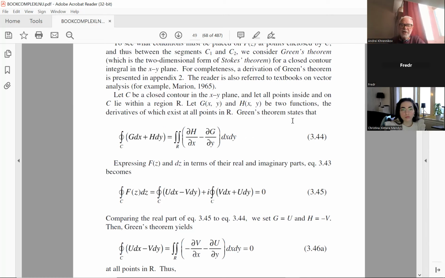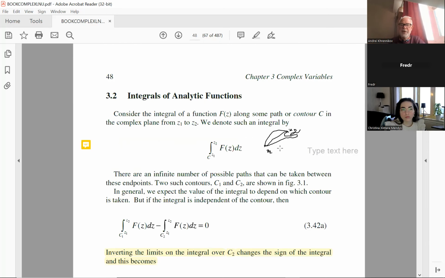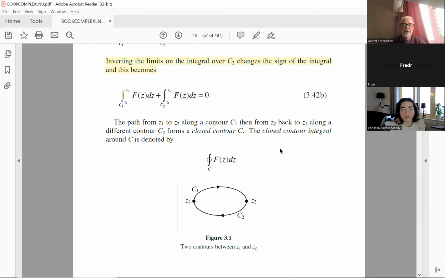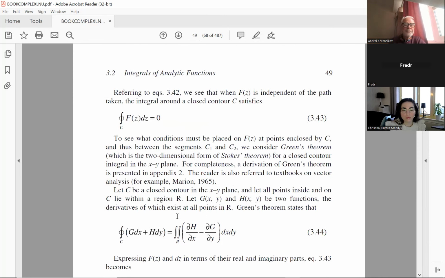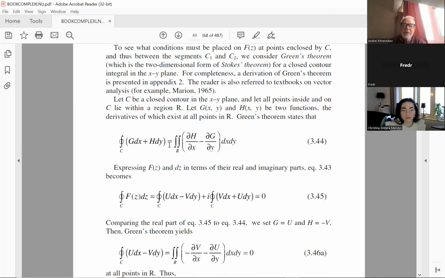There is an integral over some area, and it is the same as the integral over the curve, over the boundary of this area. If you go to the previous page, we have this curve and this region inside this curve. So the Green formula tells us the integral over the region of a special combination of functions is the same as the integral over this curve. What is this combination?